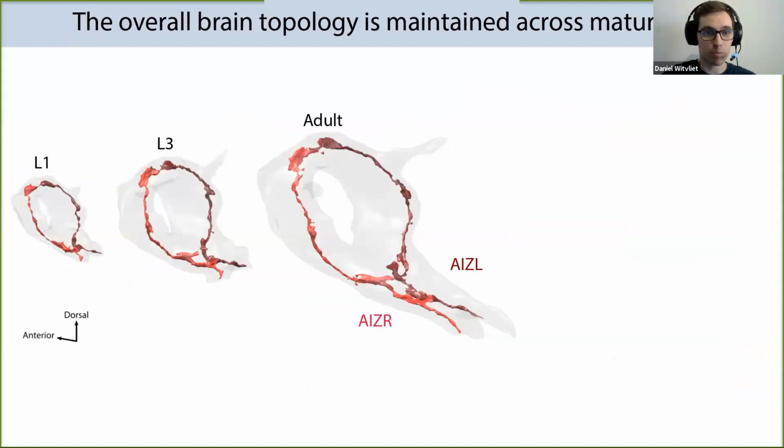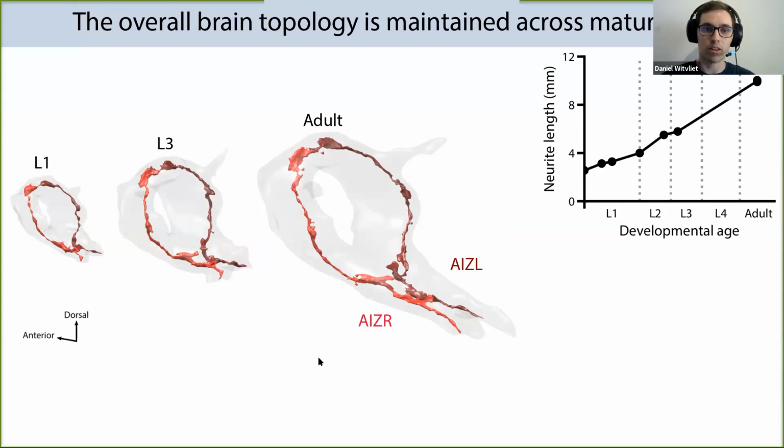We can quantify this by looking at individual cells, such as here is a neuron pair named AIZ left and right. And then we measure the length of each of these neurites, as well as the physical contact area between the neurites. So the total length of all neurites in the brain increases about 5-fold from birth to adulthood.